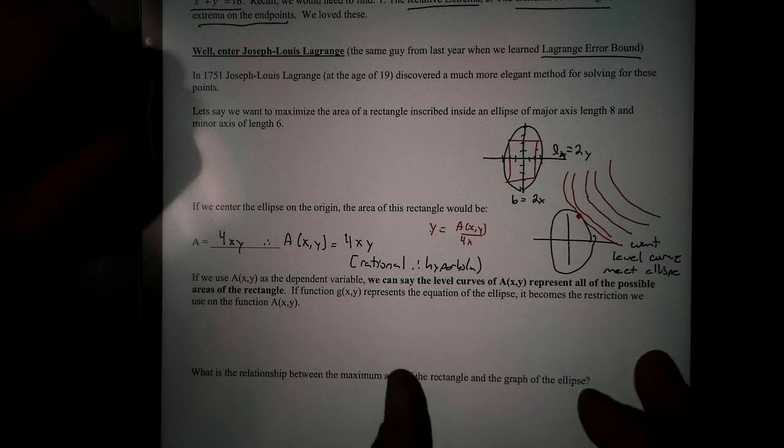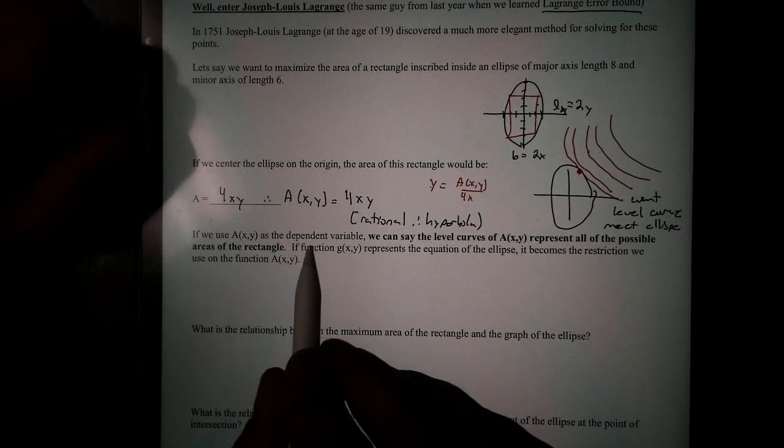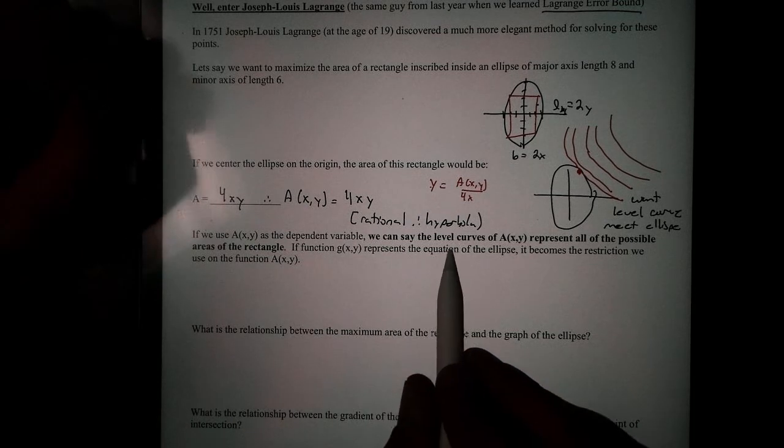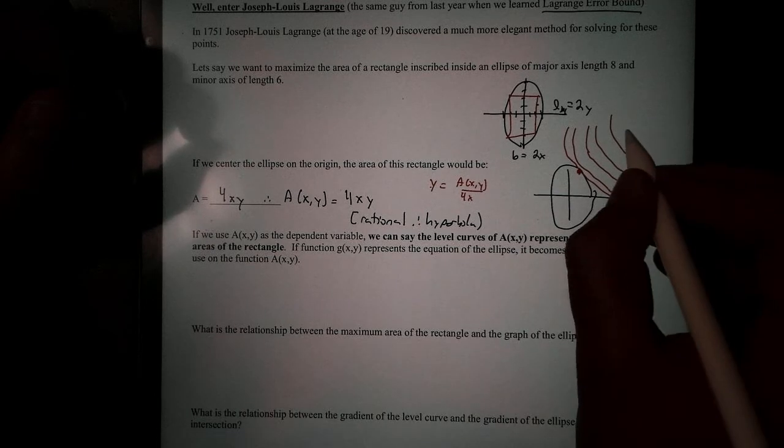And that's what we're going to be trying to find today. In other words, if we use the area as the dependent variable, we can say that all level curves represent all possible areas of the rectangle. So that's what this says.